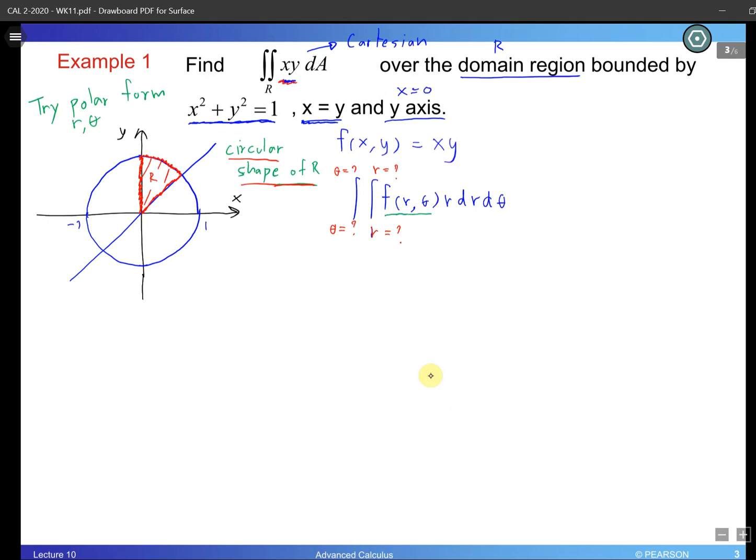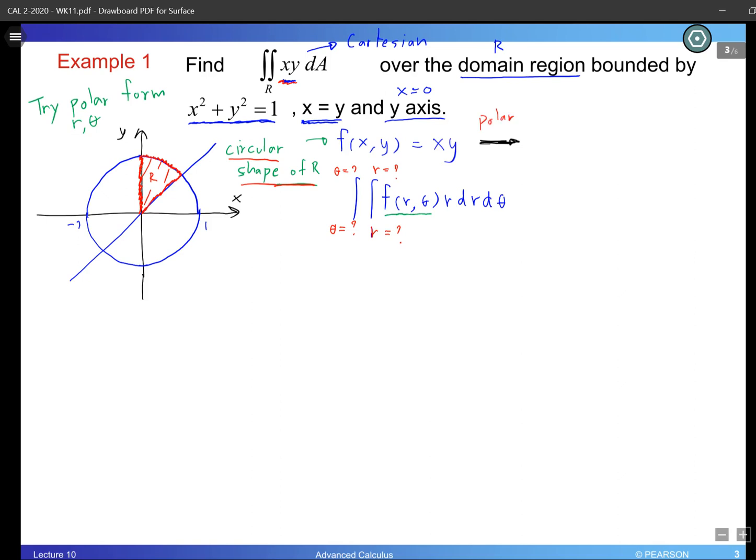So we have to do something with this function, x and y, to make it r and theta. So we are going to transform this multivariable function in Cartesian to polar. So make it polar.